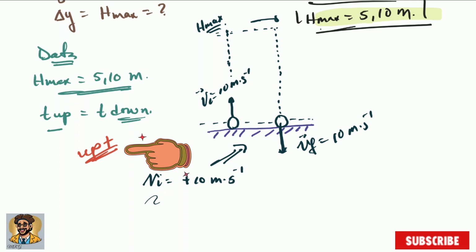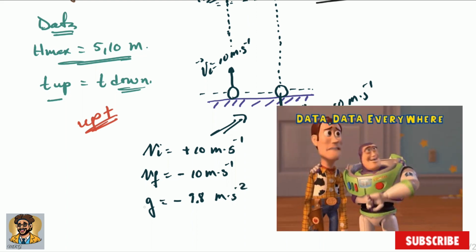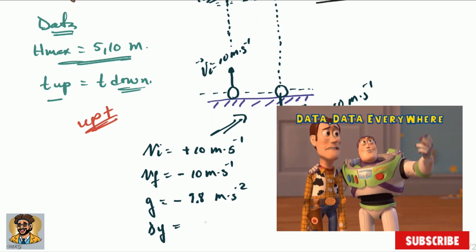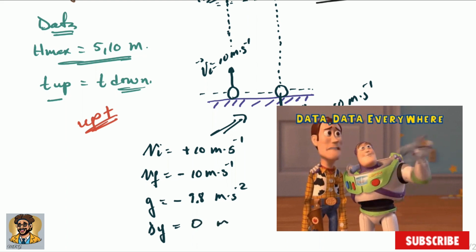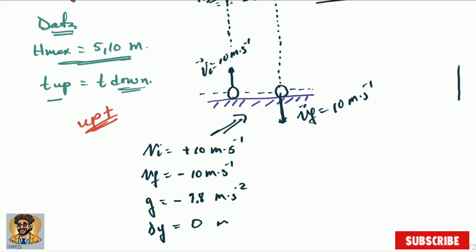We have that the final velocity of the entire motion is negative 10 meters per second because it is downward. That is when it reaches the ground or the hands of the thrower again. The acceleration is equal to minus 9.8 meters per second squared, and then the displacement is going to be equal to 0 meters because the object went up starting from the initial position.